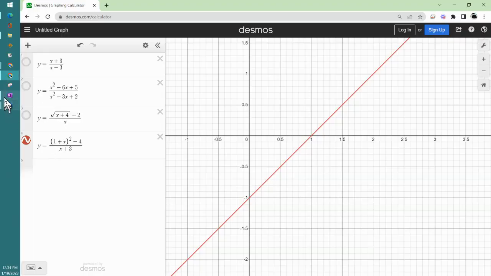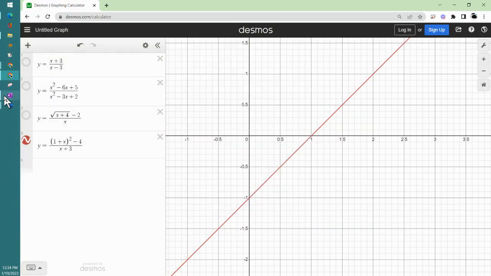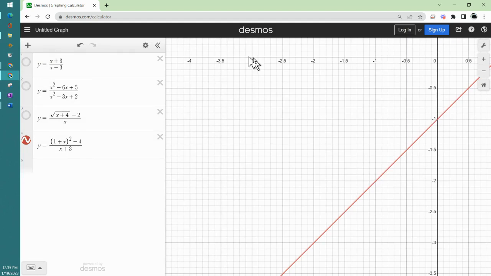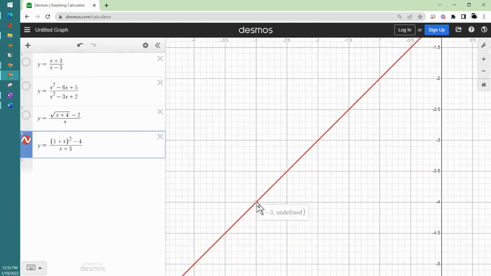Did I type that in right? I did. Okay, perfect. Over here at -3, I should have a limit. Oh, look at that. This graph is undefined at -3, but just to the left of -3, it's -4. And just to the right of -3, it's -4.